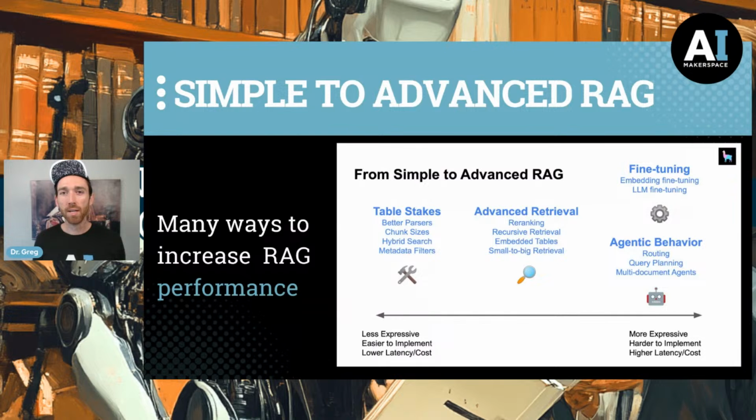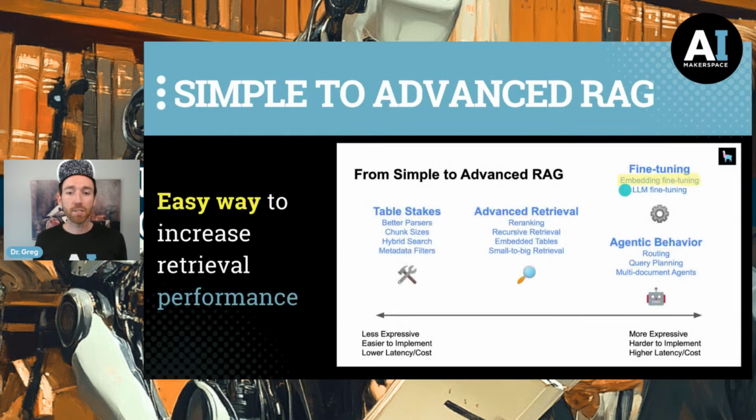How am I going to dial in my chunk sizes? How am I going to make sure I'm doing really smart search and setting up my data correctly? There are a lot of easy ways to try advanced retrieval strategies. We're going to focus today on fine-tuning of embeddings because it's quite an easy way to increase retrieval performance.